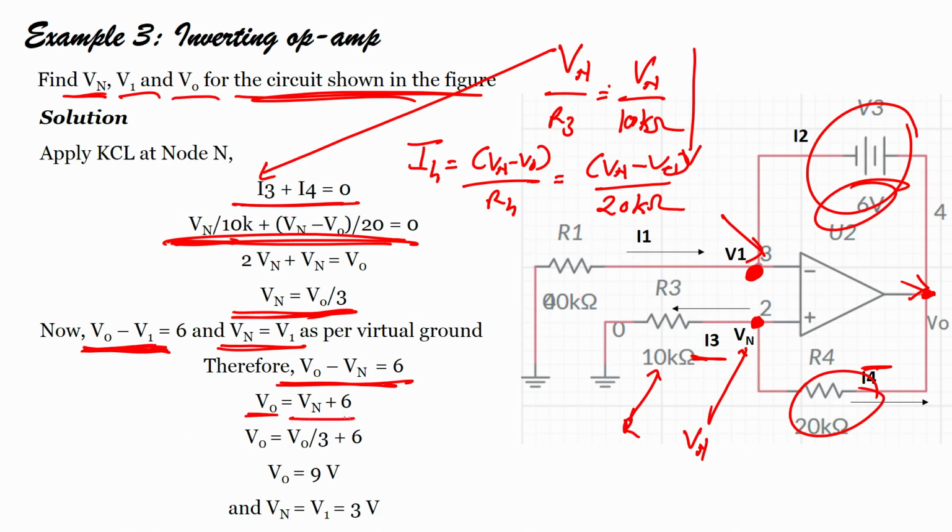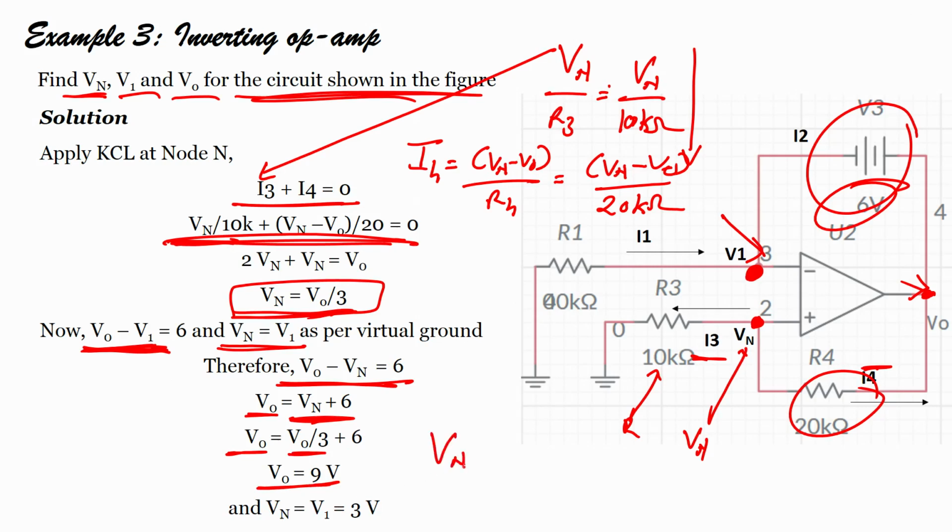So, Vo will be Vn plus 6. Vn is Vo by 3, so I will put Vo by 3 plus 6. So, Vo would be nothing but 9 volts. Now, I know that Vn equals V1 equals 3 volts. How?